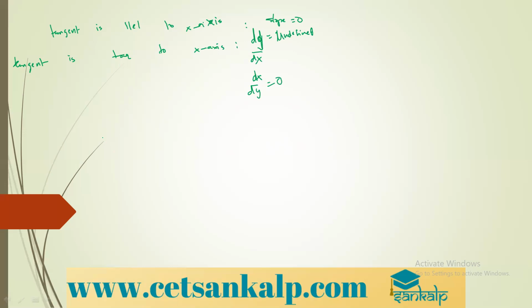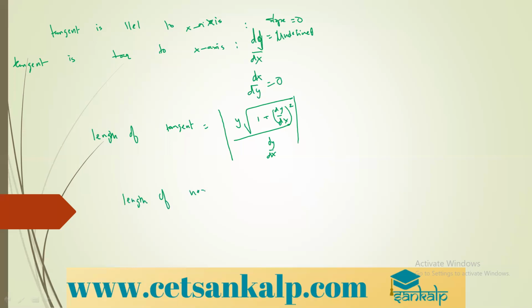Now, if you want to find the length of tangent, the formula to be used is modulus of y root of 1 plus dy by dx whole square by dy by dx. But length of normal will be y root of 1 plus dy by dx whole square.